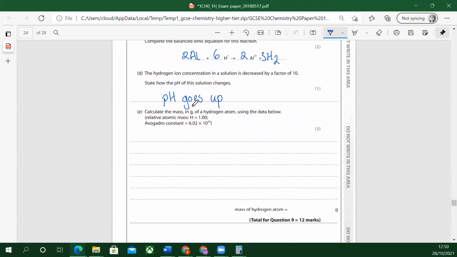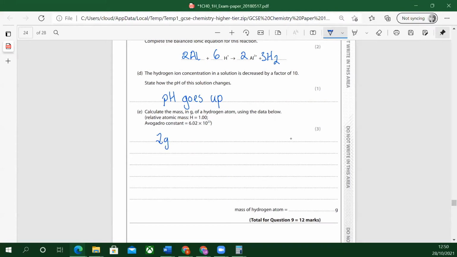Calculate the mass in grams of a hydrogen atom using the data below. Okay, this is interesting. The relative atomic mass of H is 1. And the Avogadro constant, so that's 1 mole of atoms, is 6.02 times 10 to the 23. So this is really about definitions.